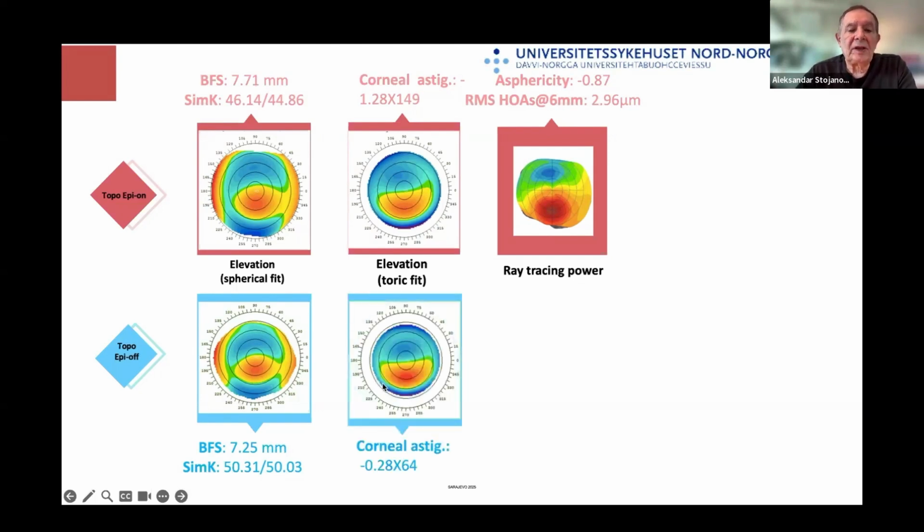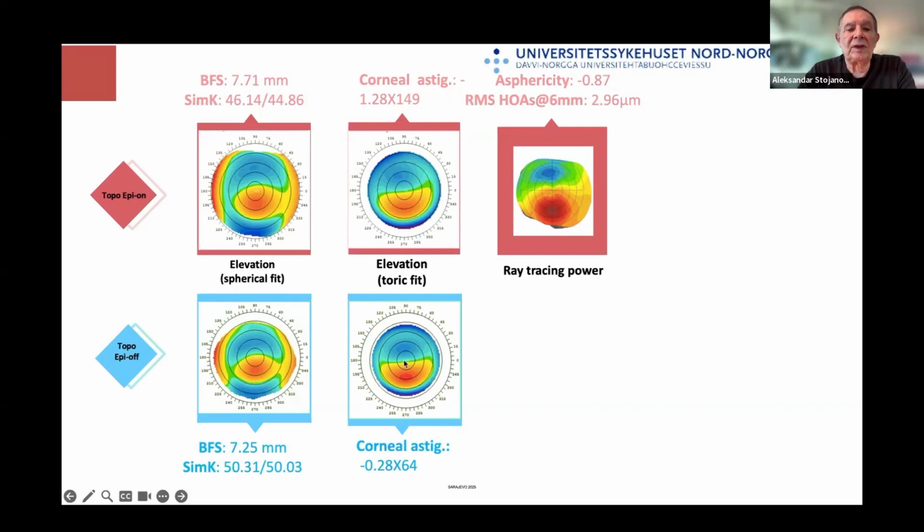If we look at the astigmatism, an interesting thing happens there also. We actually have less astigmatism on the stroma than on the epithelially covered surface, and it is because this significant coma on the stromal surface will be remodeled and will fit into astigmatism on the anterior surface.